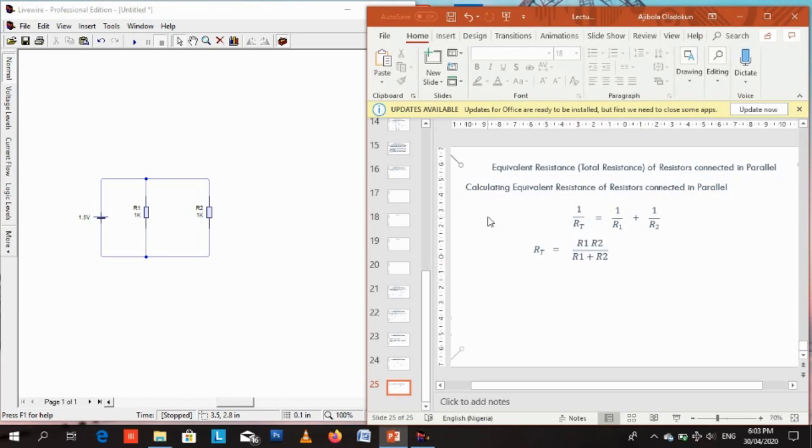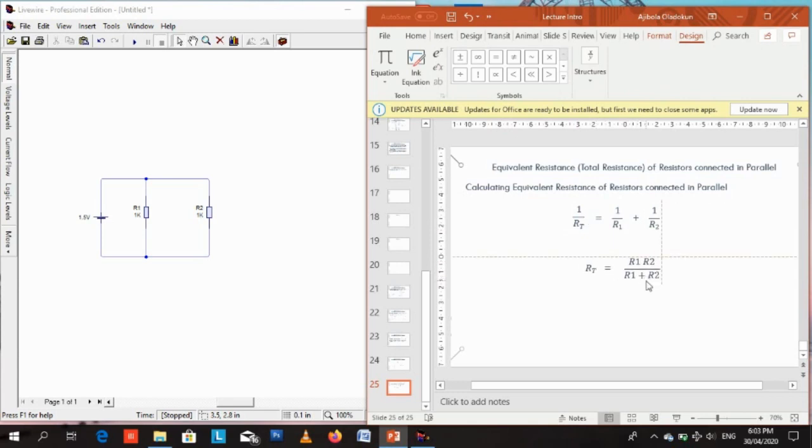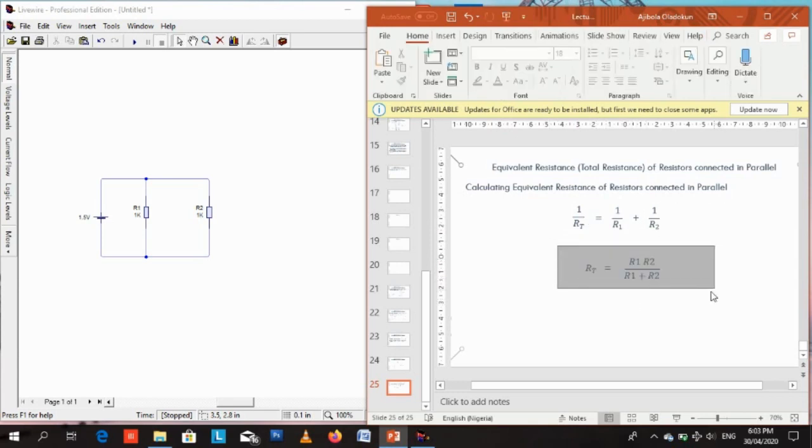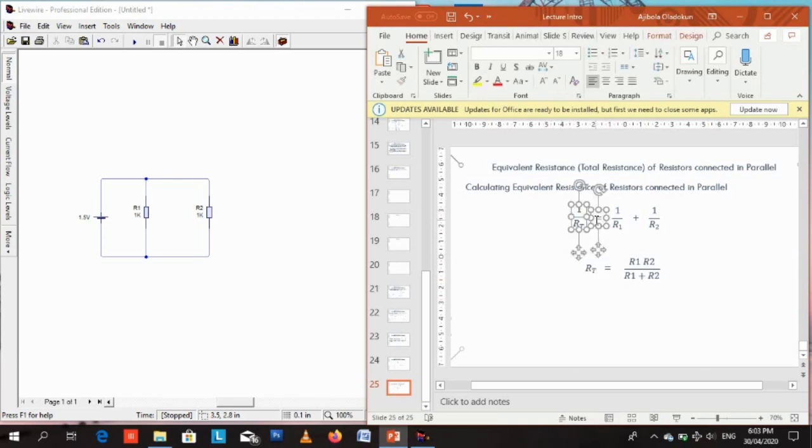But this is the actual formula for RT. If you find the LCM of 1 over R1 plus 1 over R2, the two separate fractions will become one single fraction. Then you find the reciprocal of that fraction, and you get RT.